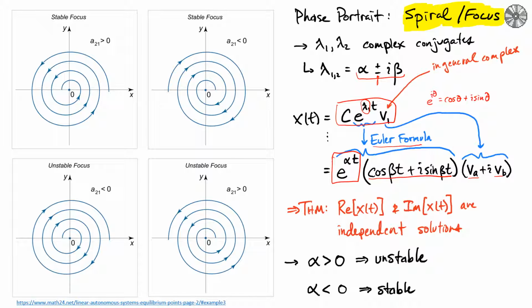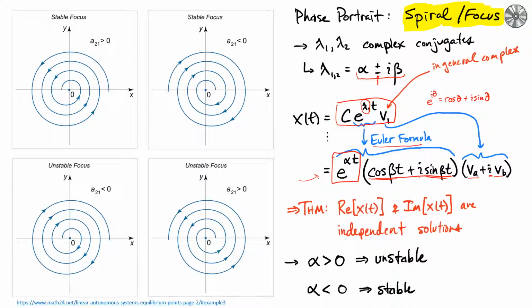One of the tricky things, not so obvious until you look through it and solve it, is that if you take the real part of this expression and the imaginary part, those are actually independent solutions. One way of seeing that is that you essentially have to separate the imaginary parts out from everything else.